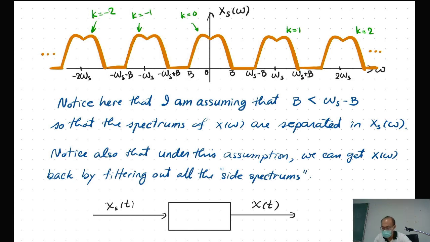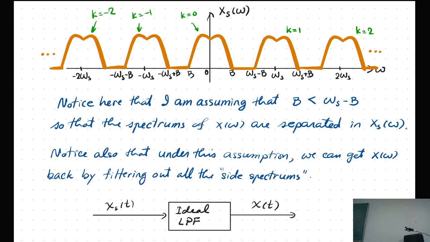So I know that if I pass the sample signal through an ideal low pass filter, then I'll be able to get the original signal back, the blue line back. So this would be the ideal low pass filter. And the cutoff frequency of the low pass filter has to be somewhere here so that I can get this signal back.